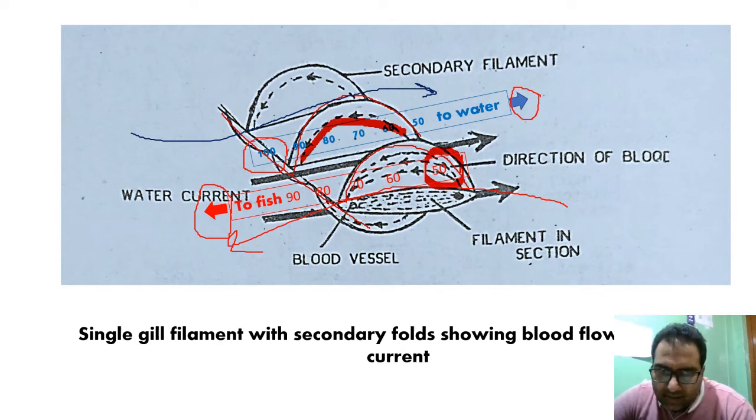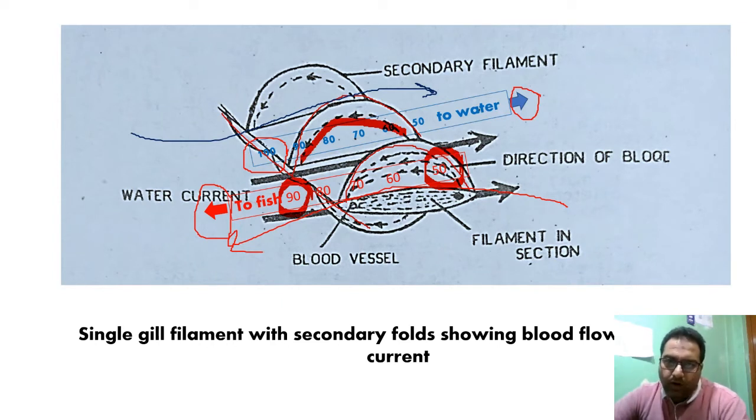So there is a loss of oxygen from 100 to 50, whereas there is an increase in the oxygen content in the blood from 50 to 90, almost 40% increase in the saturation of the oxygen in the blood.